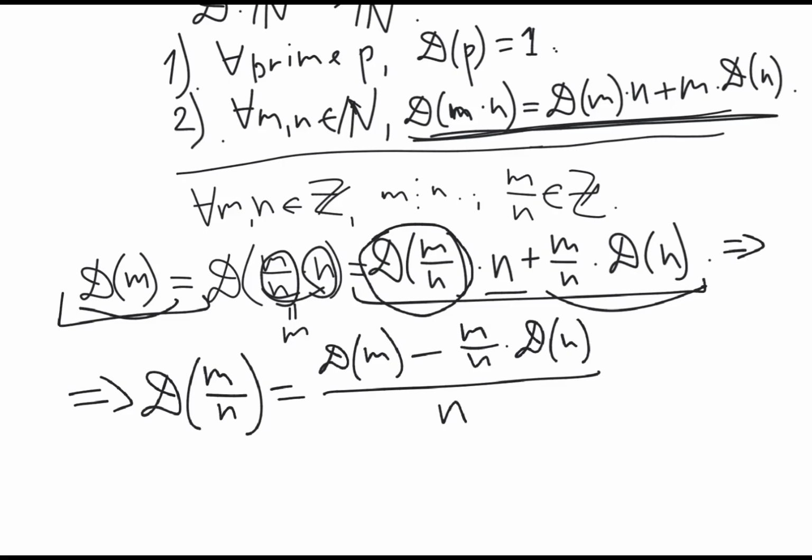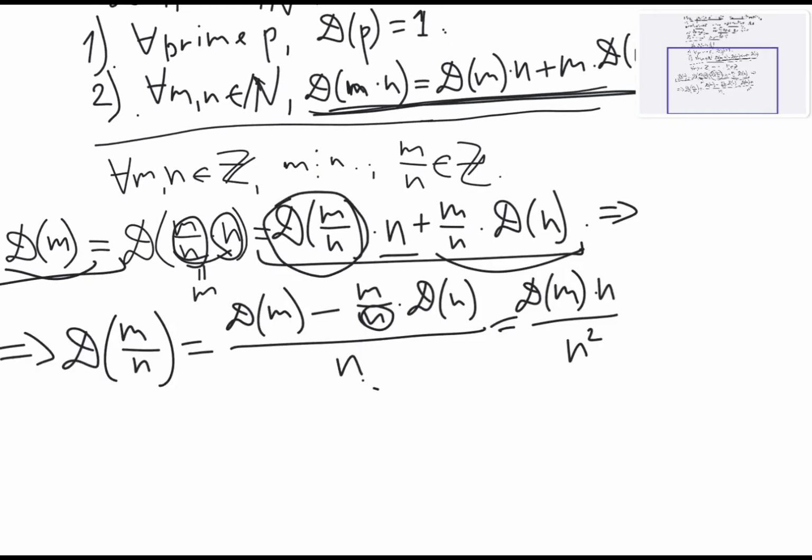We move this n to the denominator, so we write n squared in the denominator, and here it would be d of m multiplied by n minus m multiplied by d of n.